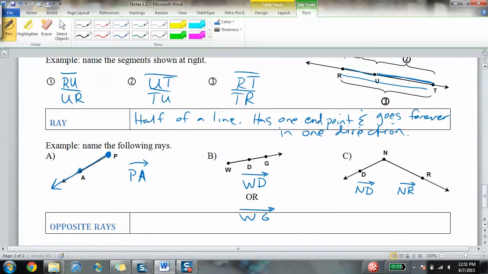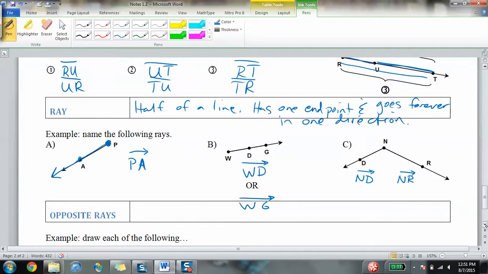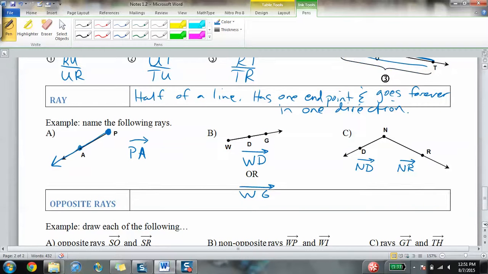So opposite rays, what are opposite rays? Opposite rays have the same starting point, and they go in exact opposite directions.